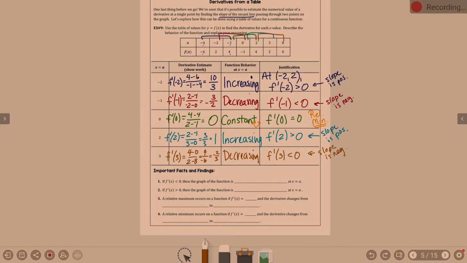If f prime of x is less than 0, then the graph of the function is what? What is the graph doing at that point if the derivative is less than 0? It is decreasing. So the next sentence, if the derivative is greater than 0, then the function is increasing at that point.